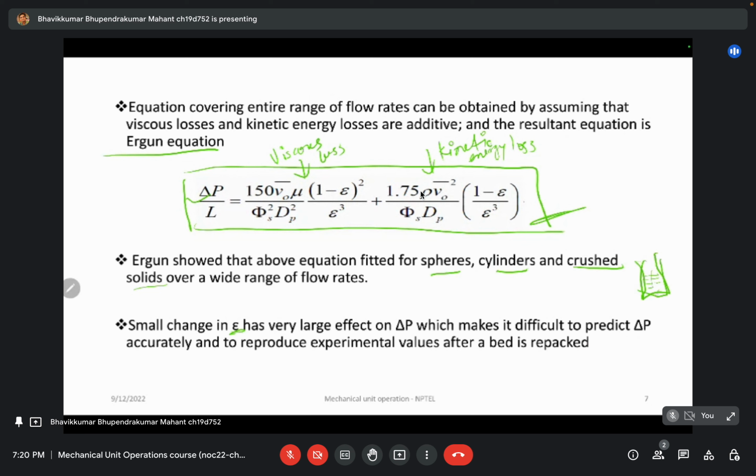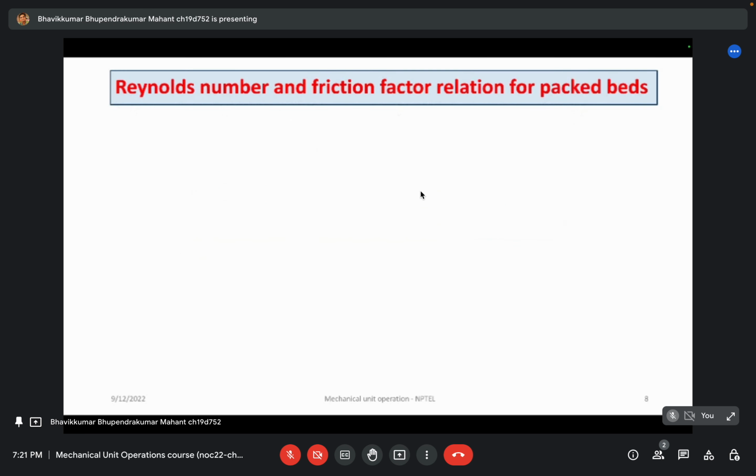But once it is repacked, you cannot match the value with the original or previous value of delta P. Why? Because a small change in the packing, in the void fraction or density, has a very large effect on delta P. So that is why you need to consider that.